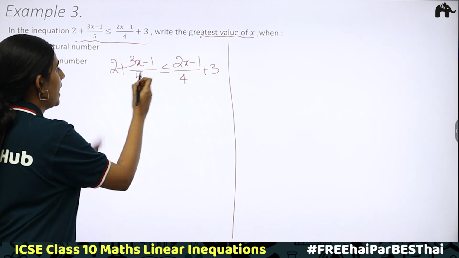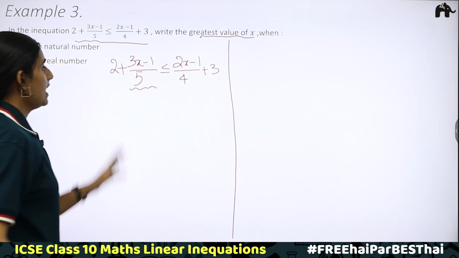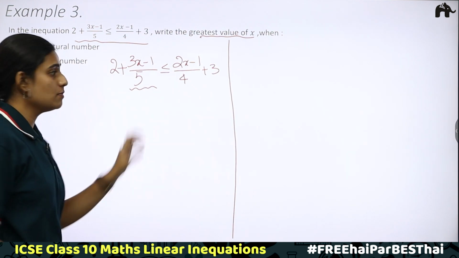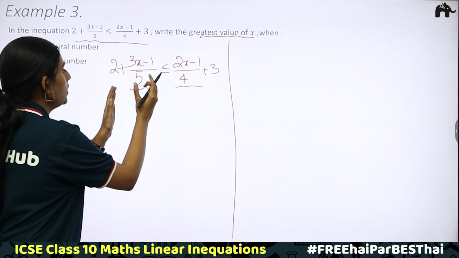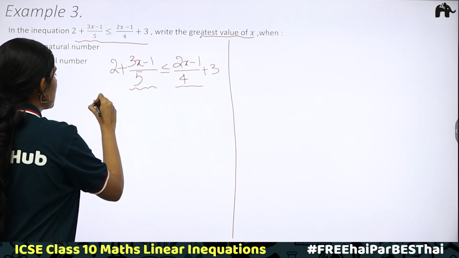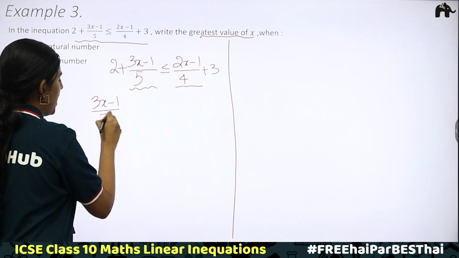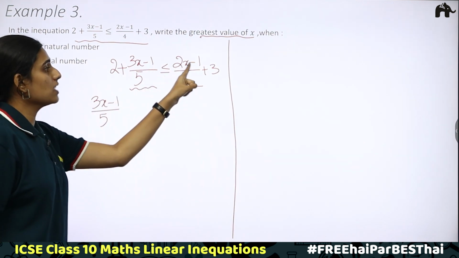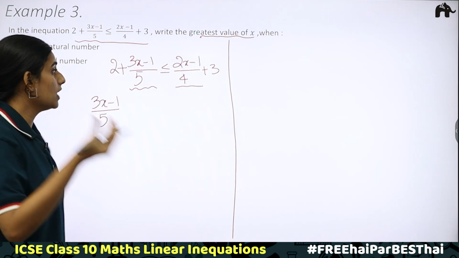Now let's take the x containing terms. Here on the left hand side we have this term and this is a term on the right hand side containing x. Both the terms that is containing x will be taken to the LHS. That is 3x minus 1 divided by 5, and when you shift this 2x minus 1 by 4 to the left hand side, you have to put a negative sign.